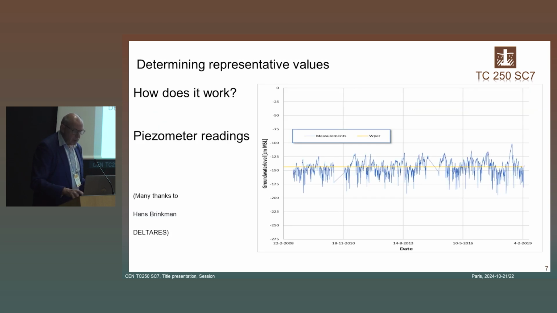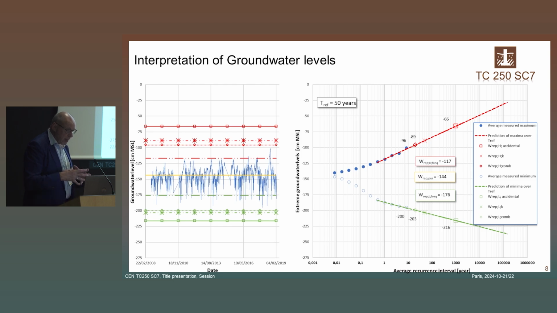How does it work? I got this from a colleague from Deltares. If you have a certain groundwater level reading, it looks like this, and here in the vertical axis you see it in centimeters. And what could you do? You can analyze an extreme value.